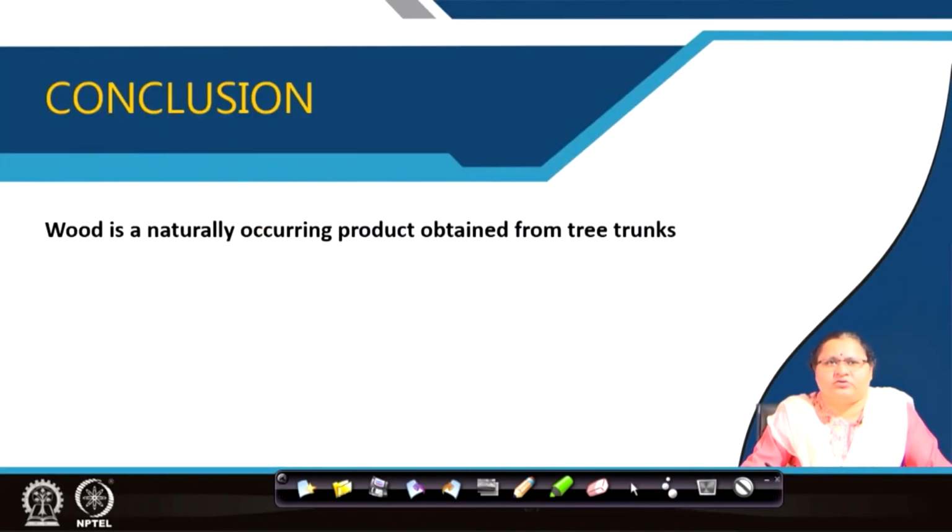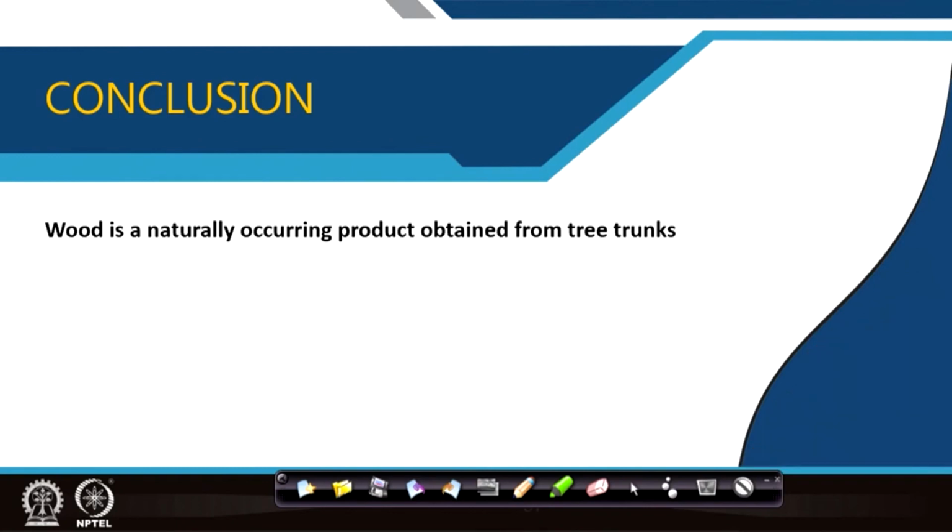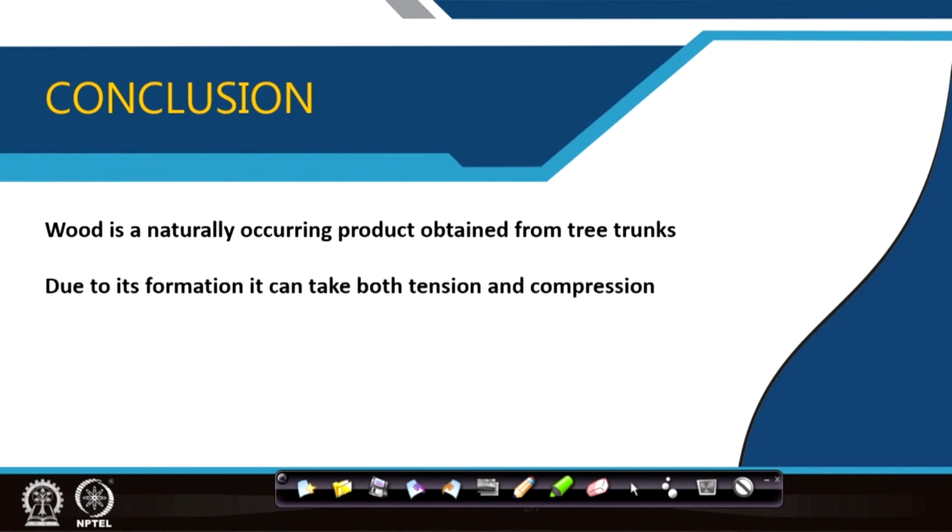So, we may conclude stating that wood is a naturally occurring product obtained from tree trunks. Due to its formation, it can take both tension as well as compression, because it is made of the xylems, the continuous fibrous carriers of water and minerals of a live tree.